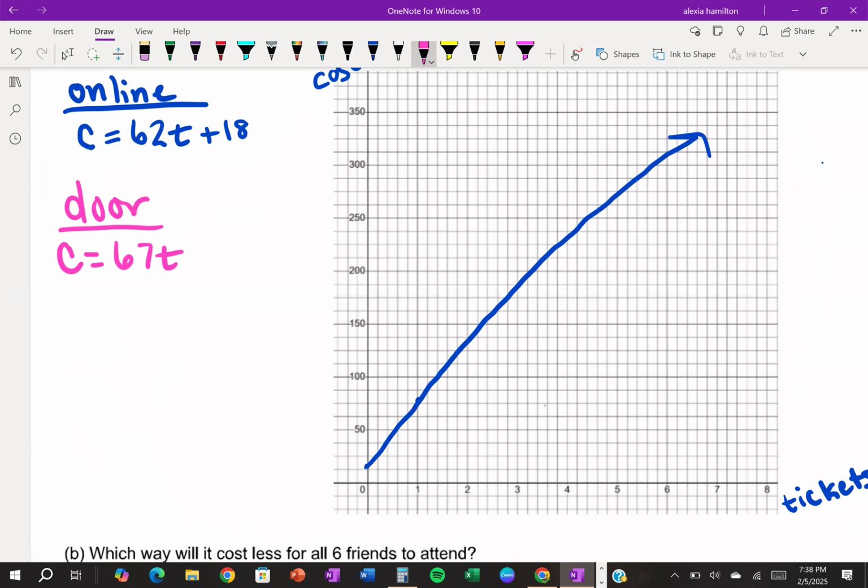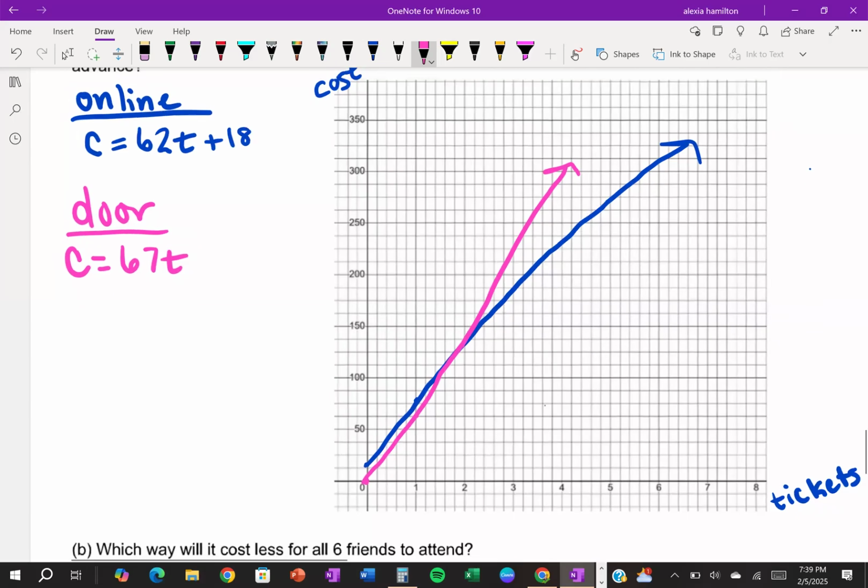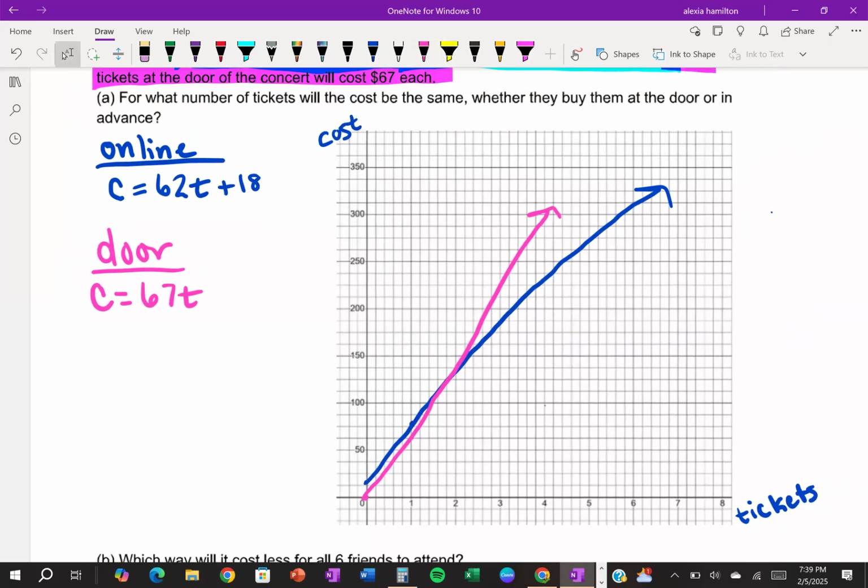Then 67 is nice because it's at 0, and then we go to 67 and 1. And then 2 tickets would be 134, which is like here. I don't know, there's something like that. As you can see, sometimes graphing is not the best.